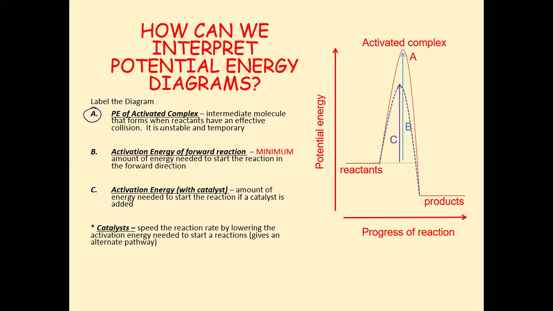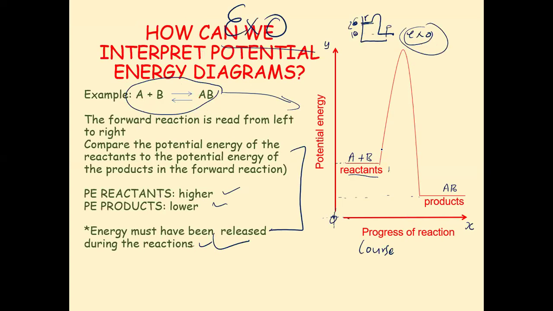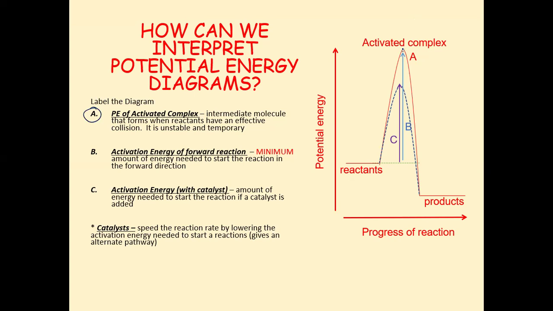A is called potential energy of activated complex. This point over here, this peak, look at the red graph, which is the same as this graph I'm talking about. This peak over here is called point A. It's called activated complex.